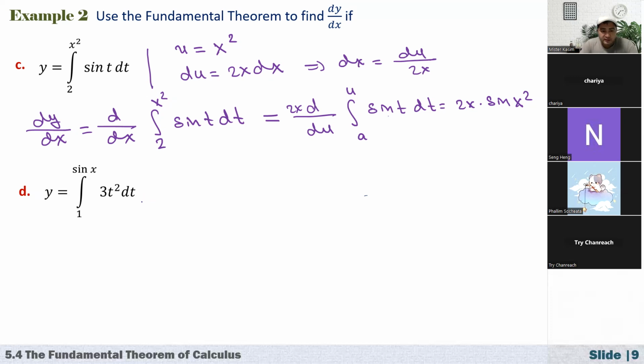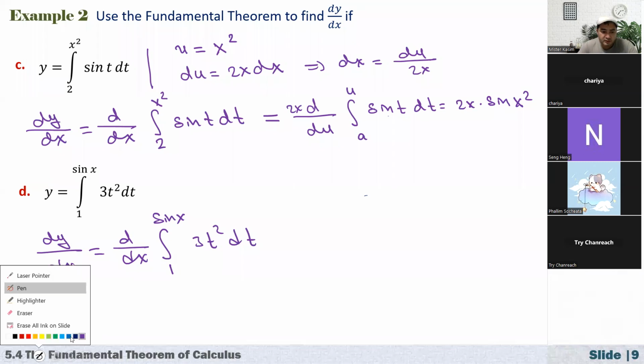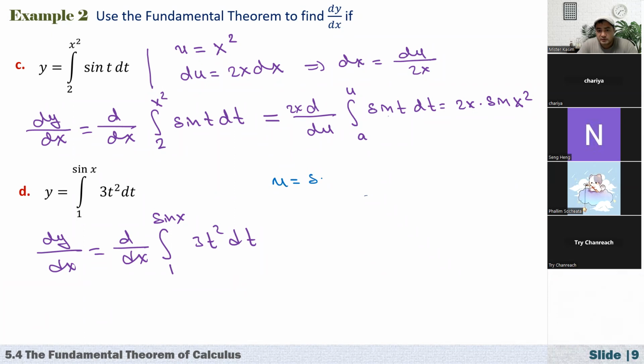Now again, let's see another thing here. How about this one? We need to find dy/dx, so that is d/dx of the integral from 1 to sine of x of 3t squared dt. Also in this case, suppose that u is equal to sine of x.